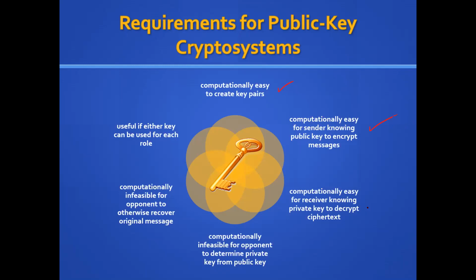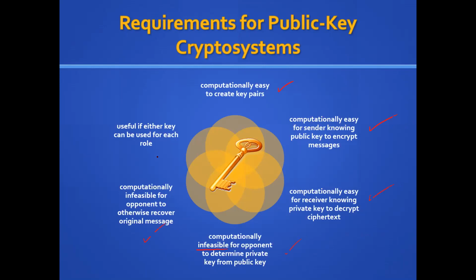Computationally easy for receiver knowing private key to decrypt ciphertext. Computationally infeasible or not possible for opponent to determine private from public key. So that's not possible. Computationally infeasible for opponent to otherwise recover original message, right? So it should be a good cipher.